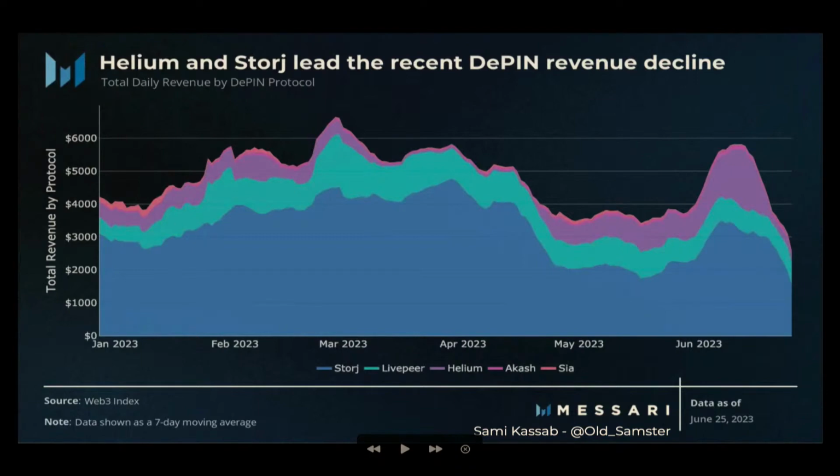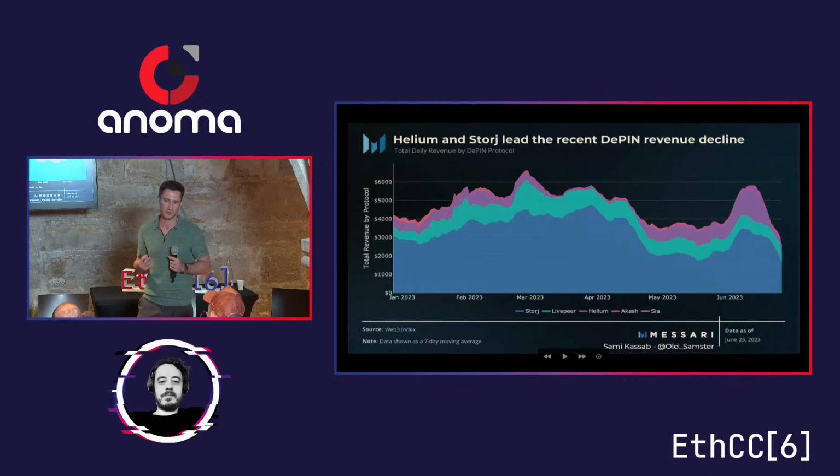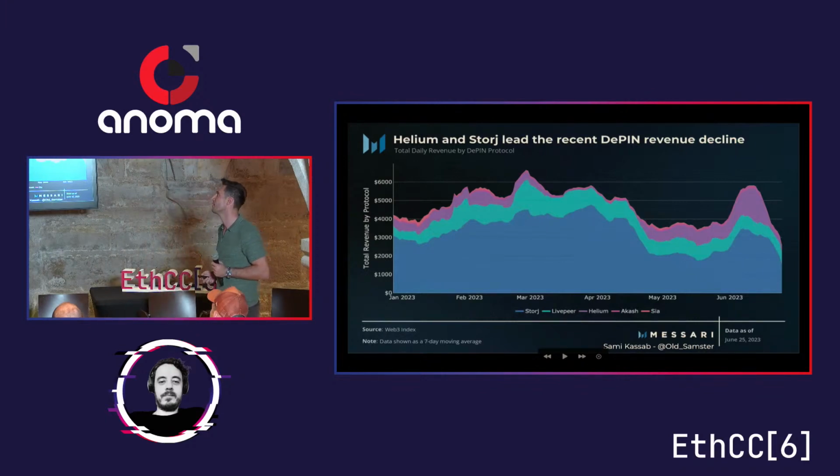And what he was able to see in this case is that two protocols in the decentralized storage and decentralized compute space are holding quite well with respect to revenue, although the whole sector is pretty much declining in terms of revenue at the moment.